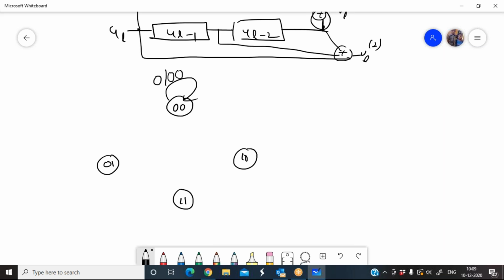Check the problem once. Is it u_l plus u_(l-2), the same problem, or a different problem? Look at the output equations: u_l plus u_(l-2) and u_l plus u_(l-1) plus u_(l-2). Same problem, sir.